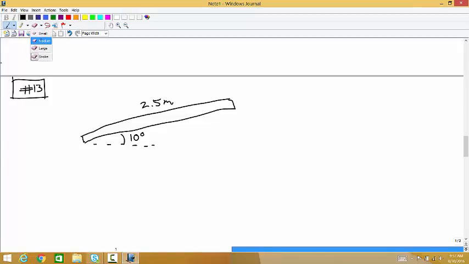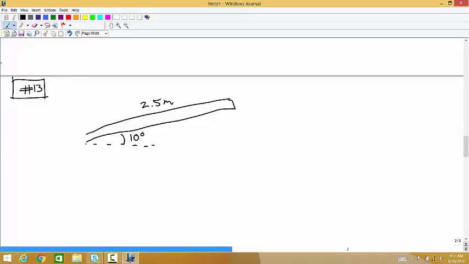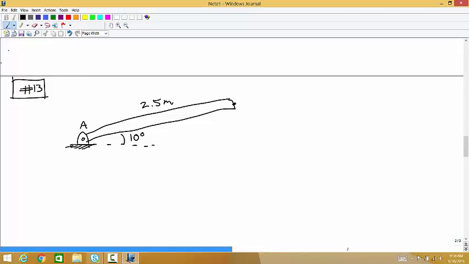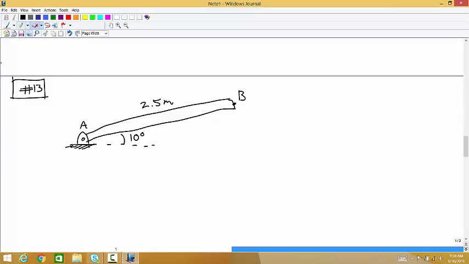The way this is going to come up in statics problems is this is a rigid body with, say, a joint here, and say that's A, and this is B. And what does it ask for, the vector from A to B? A to B and B to A, okay.